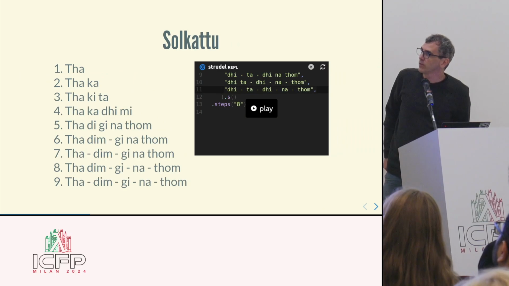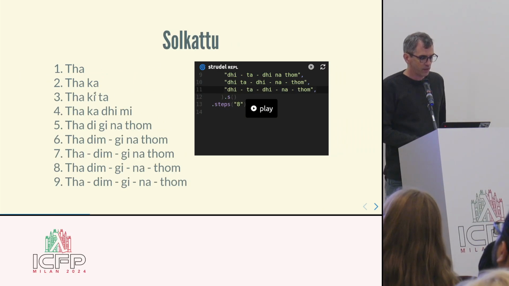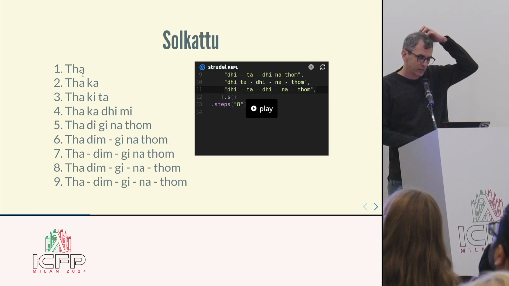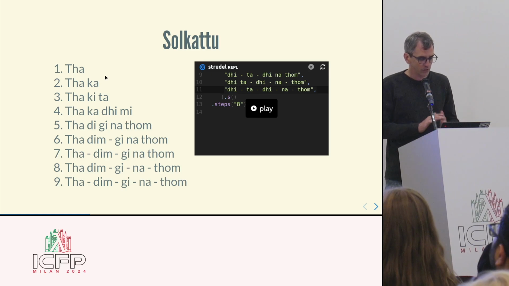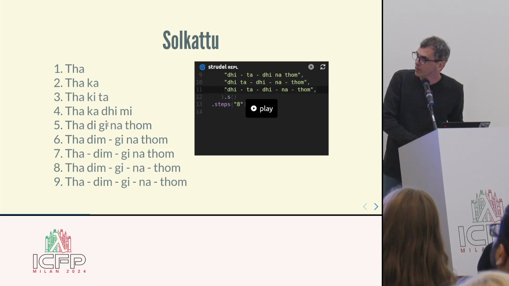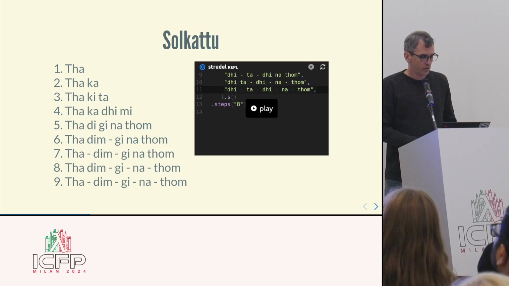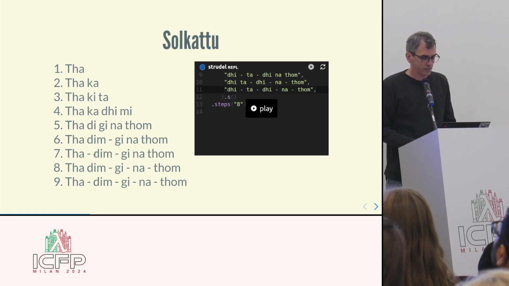So these syllables, here's some of the kind of traditional groups of syllables. These groups of syllables are known as solkatu. And they are identified by the number of syllables in them in this list. So tadaginatom has 5, tadaginatom with gaps has 7.